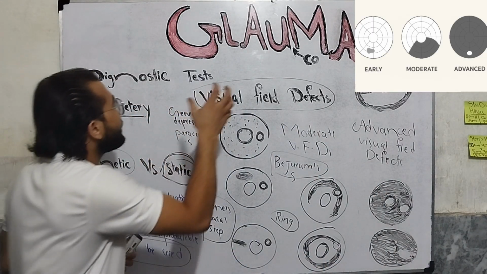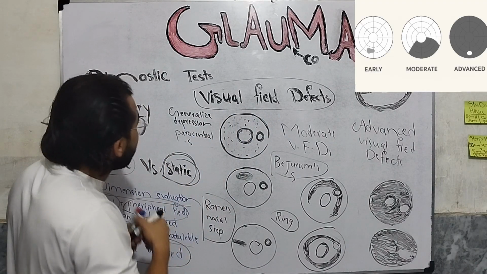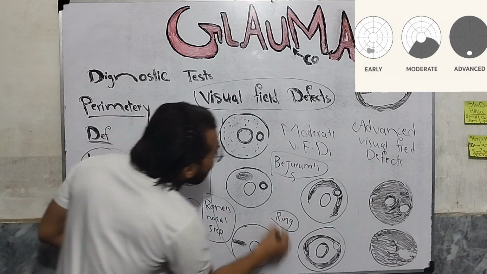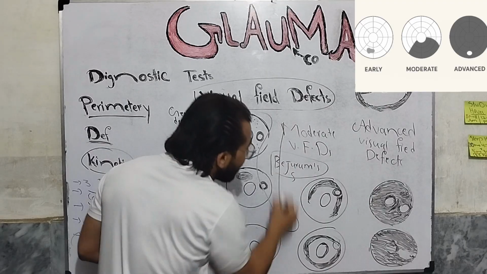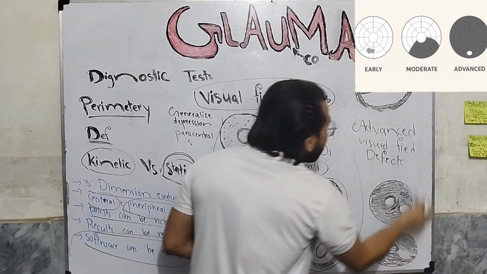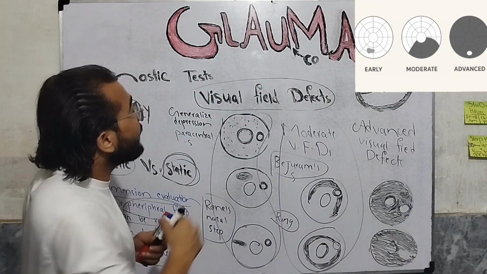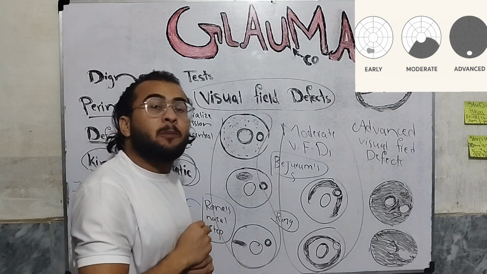So these were the visual field defects in glaucoma, which can be early, moderate, or advanced visual field defects if the glaucoma is not managed properly and timely.